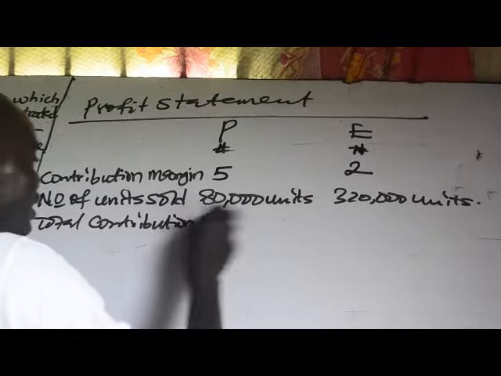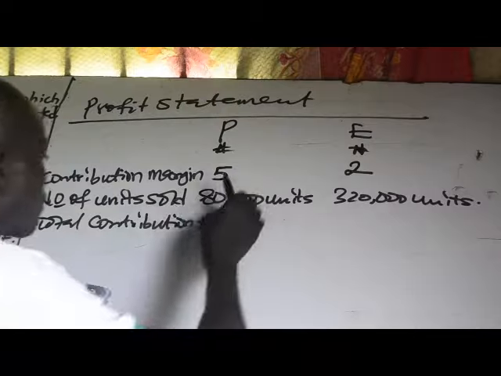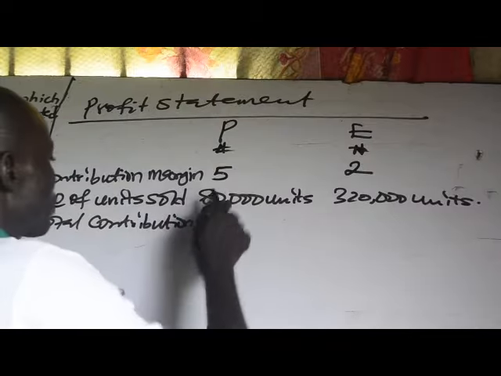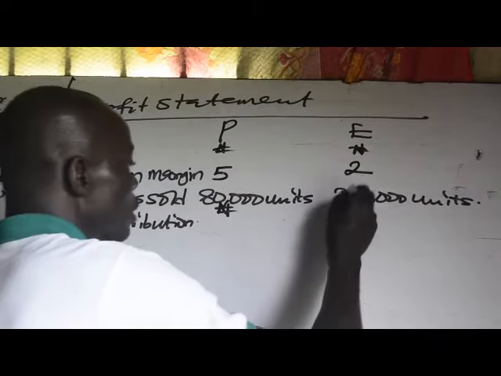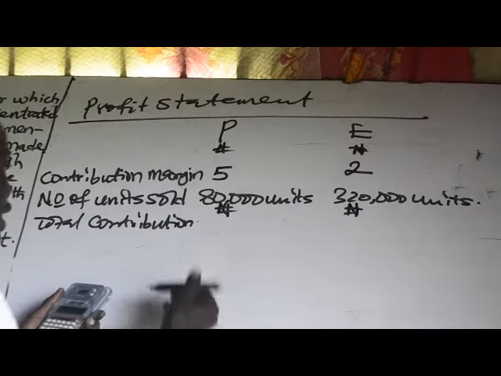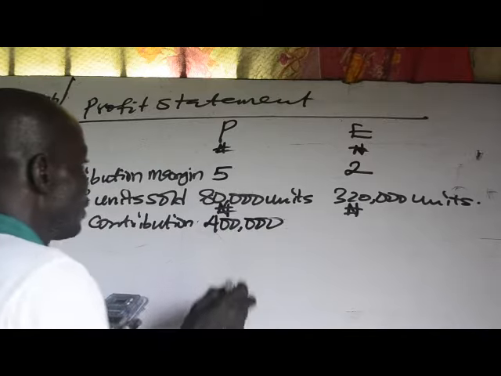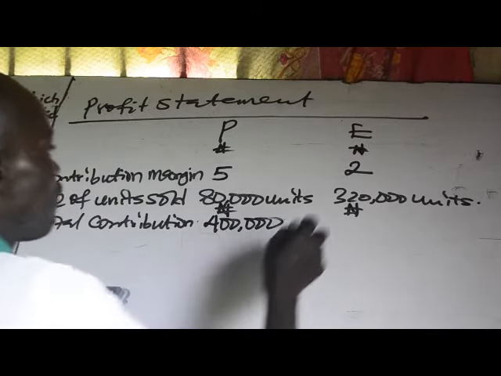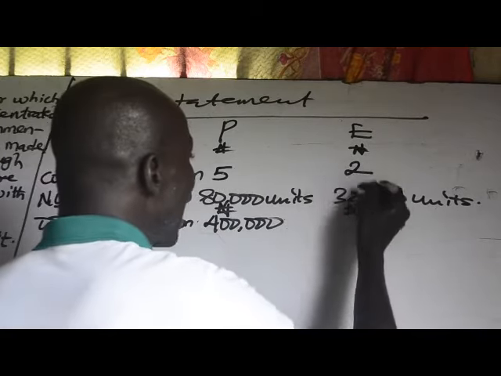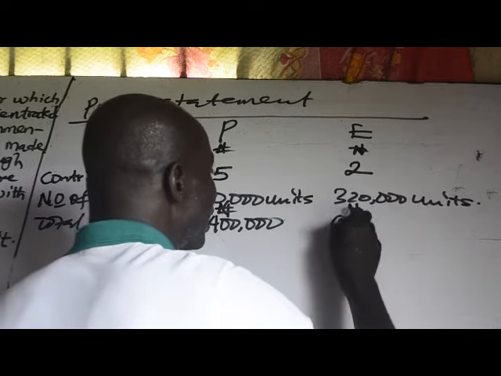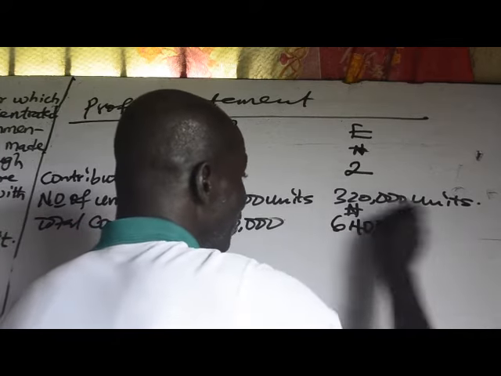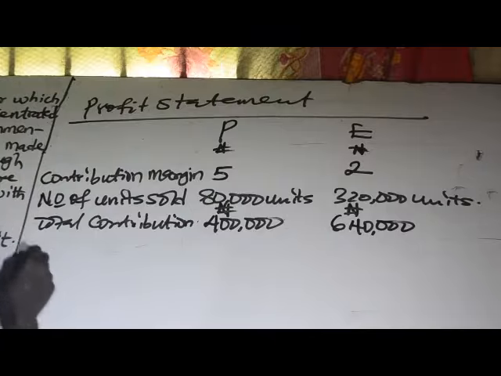For product P, we have 5 times 80,000, that gives us 400,000. And for product E, 2 times 320,000, that gives us 640,000.